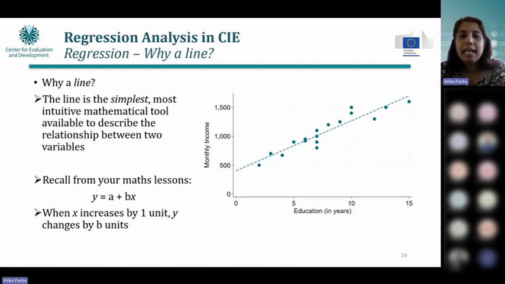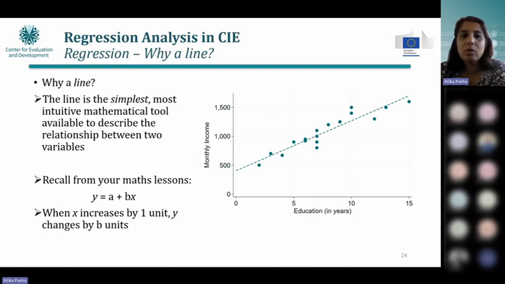So if we increase x by 1 unit, in our math examples, if it was increasing from 2 to 3, y was changing by a factor of b when adding a to it. So you have to add to a the value of x by a factor of b, right?